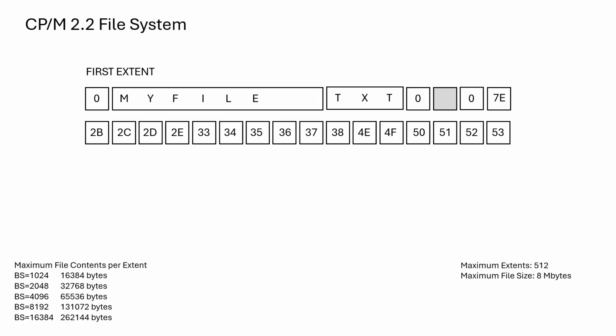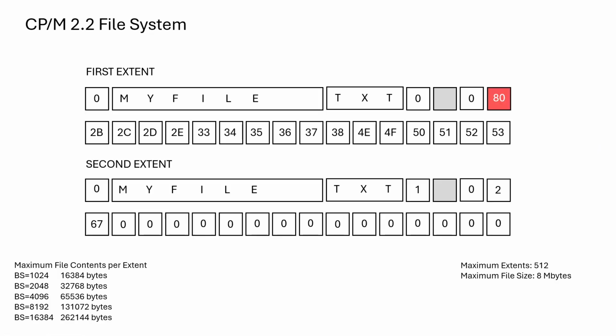But what happens if you need to continue writing into this myfile.txt file and you run out of these allocation blocks? You're all the way over here at block 53 stored in this last byte. What happens after that? Well, what CP/M does, it will open up a second extent. The flag for the first extent being full is this 80. If you see an 80 in this byte right here, that indicates this extent is full.